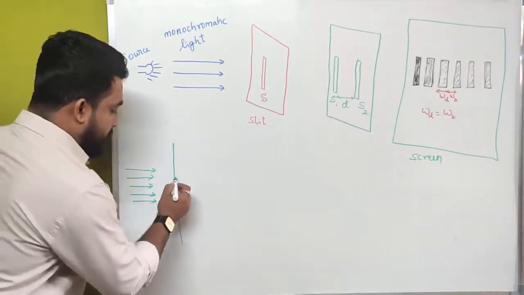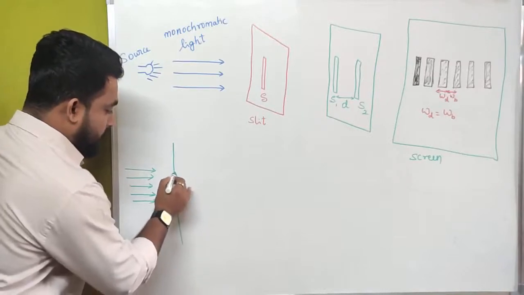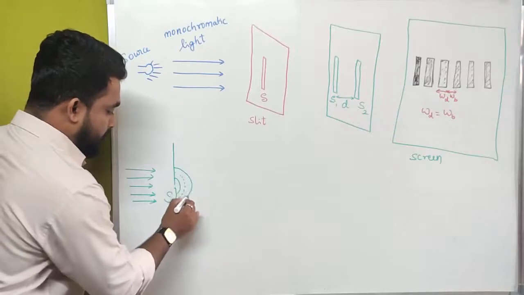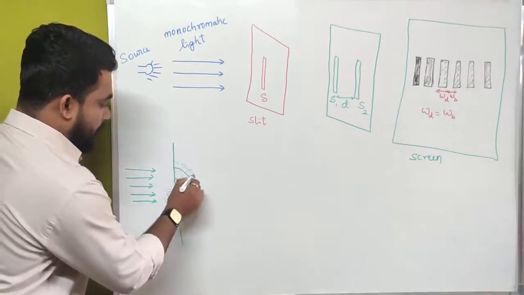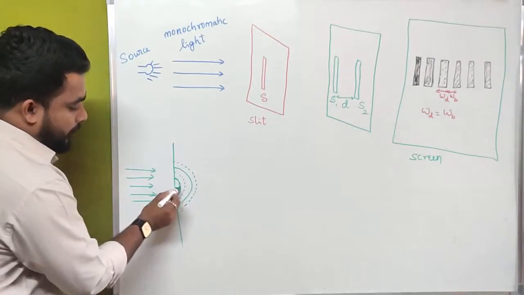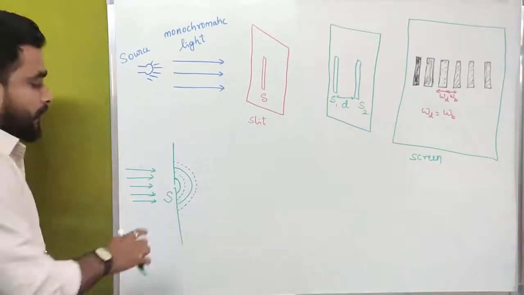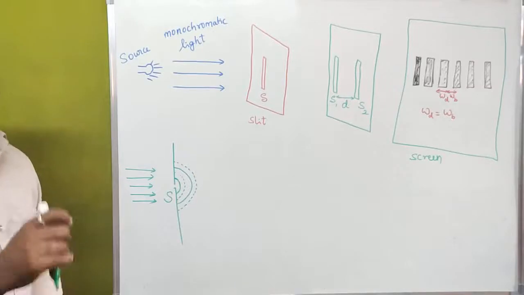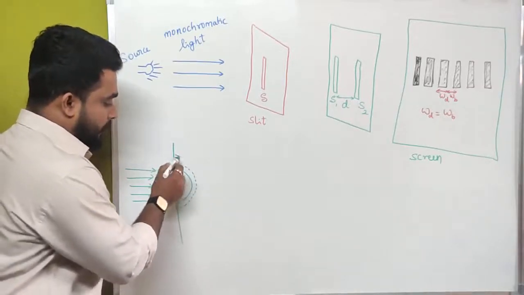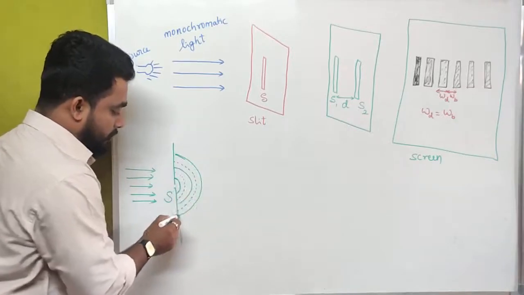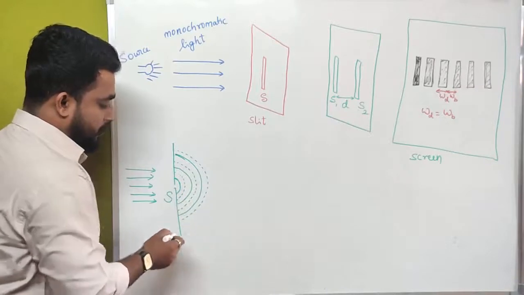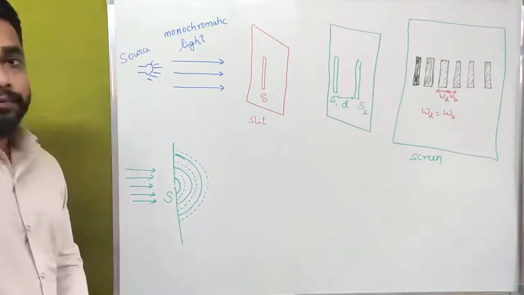Next, this is a wave. Actually, this is a cylindrical formation of a wave. Let us assume this line as crest of a wave and this dotted line as trough of a wave. Crest, trough, and here we have crest, and this is trough of a wave.